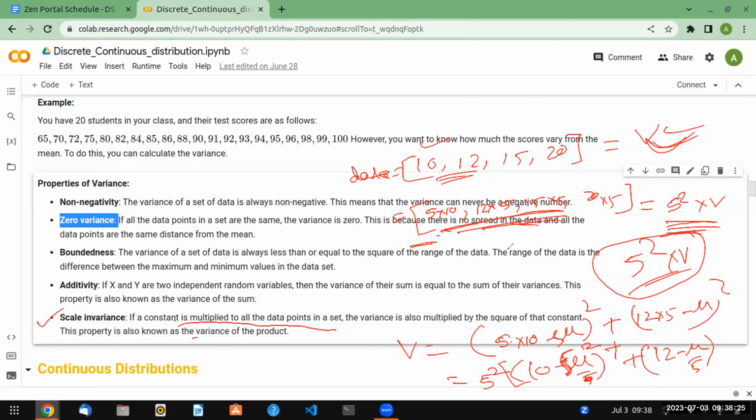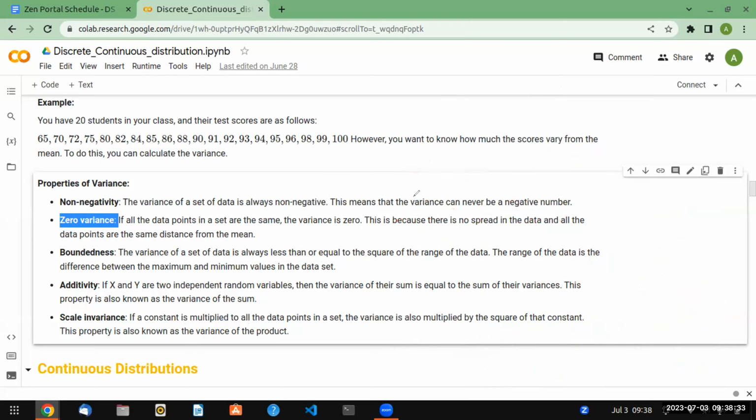Actually, what happened is you directly multiplied with the data, not with the mu. So the mu value will also change, that will be 5 mu. Okay, great. But you got it now, right? Yes, I think, sir. Okay, great.